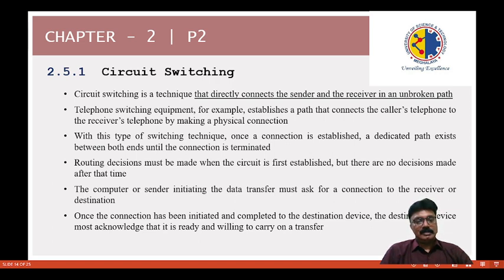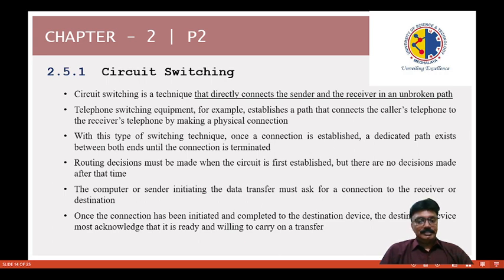The caller is calling the callee, and once the call is connected, there will be no disturbance, and that call will exist until it is over. That is the scenario between sender and receiver in telephone wired networking.